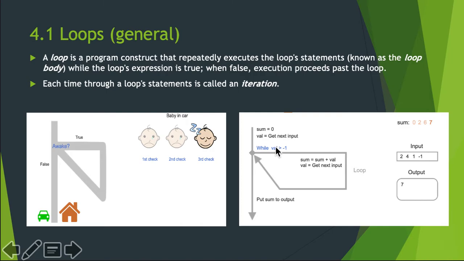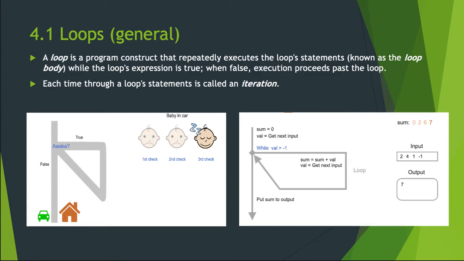If you put 0 here and get another input, the next input is in this case 4, so it will loop and it requires another input, 2. So 4 plus 2 is 6, then 1, so 6 plus 1 is 7, and last you input a minus 1, which is not greater than minus 1, so it drops out of the loop, and the answer is 7, okay.